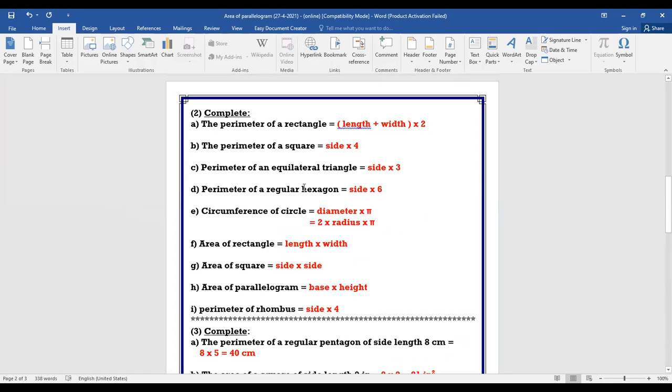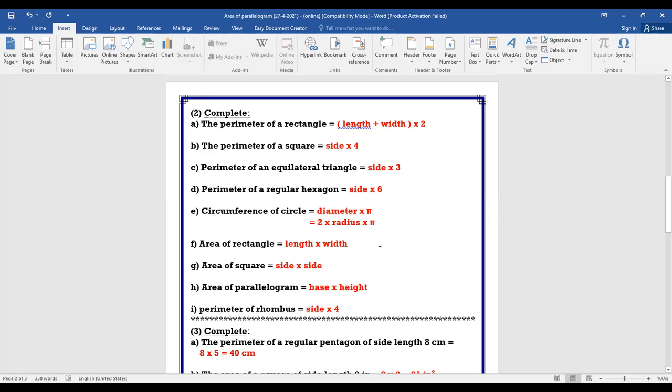In any regular polygon, to find the perimeter, multiply the length of a side by the number of sides. Circumference of a circle, we have 2 formulas. If we have the diameter, it will be diameter multiplied by pi, and if we have the radius, it will be 2 multiplied by radius multiplied by pi, and the value of pi, as we said, is 3.14.